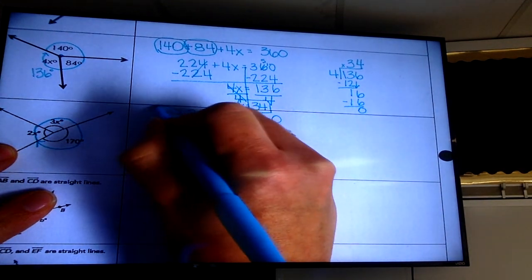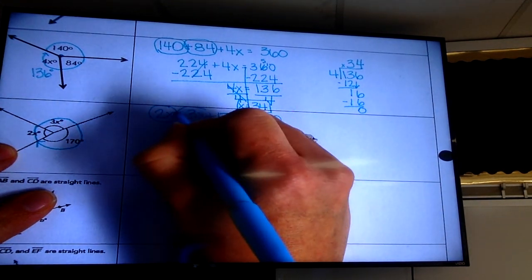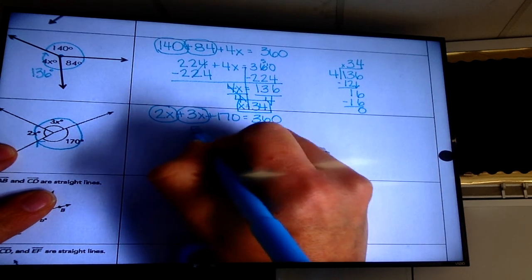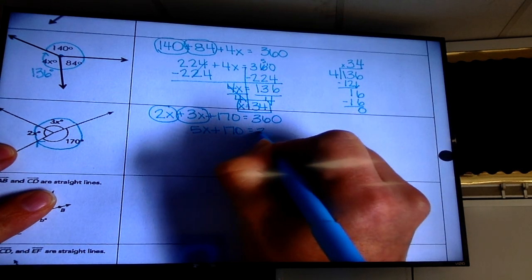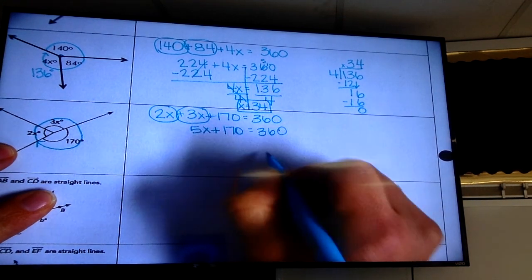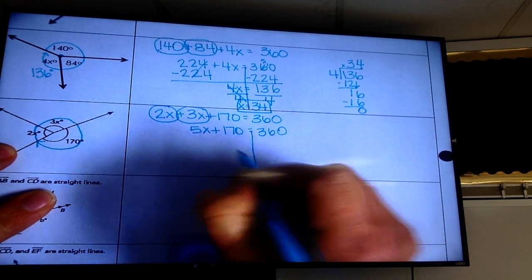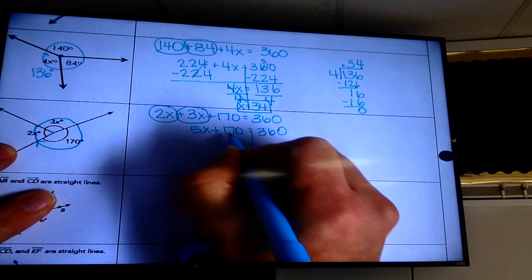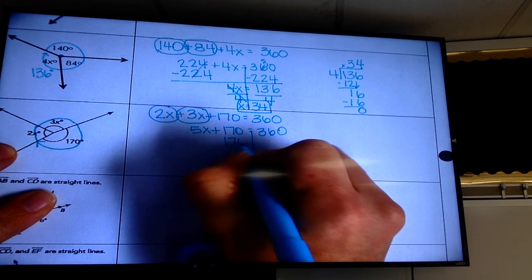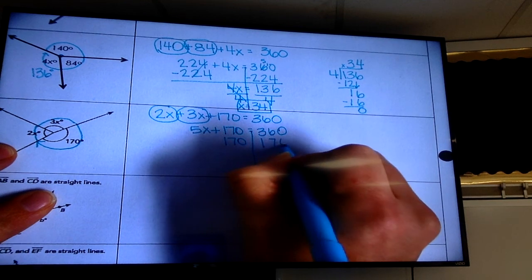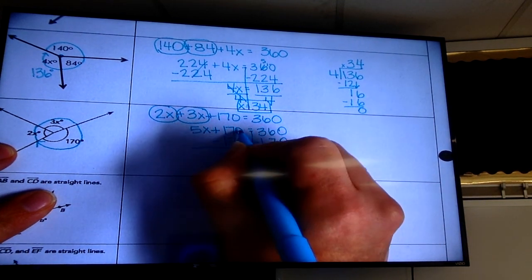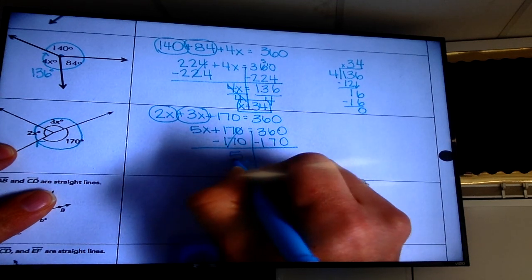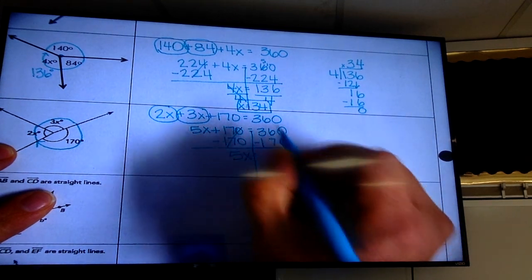All right, combine my like terms first. 2x plus 3x I can combine to get 5x plus 170 equals 360 degrees. I'm going to drop my line. I see my x's here with the 5, so I'm going to do the 170 first. The opposite of plus 170 is subtract. So I'm left with 5x on this side.